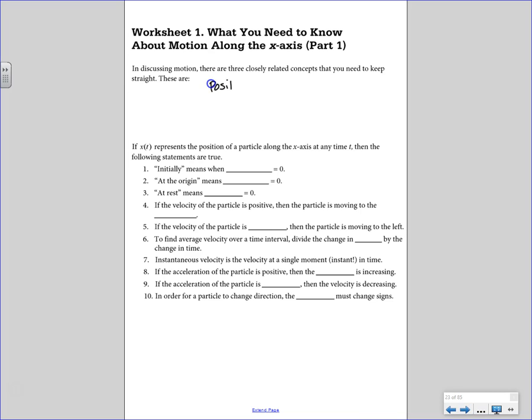Now with your position, velocity, acceleration, last semester, I'll do it in green because it's review. We moved through this list step by step, going from position to velocity and from velocity to acceleration.